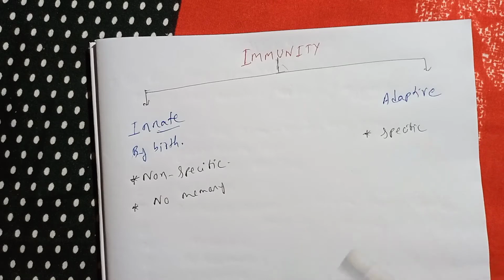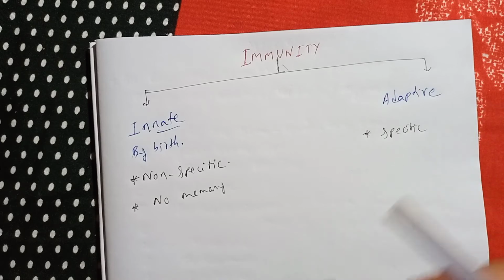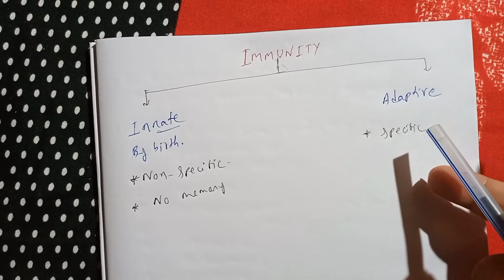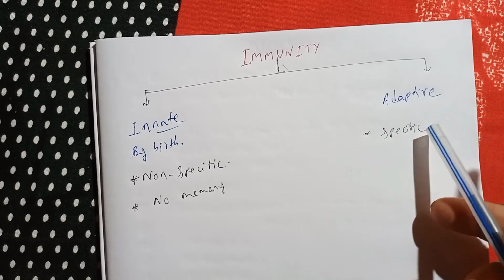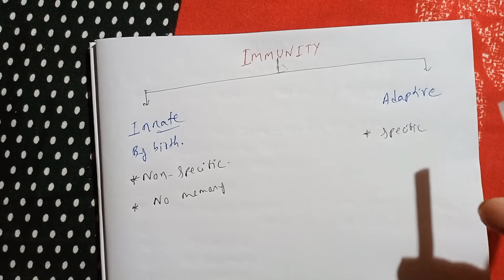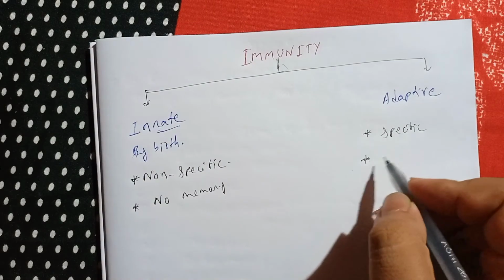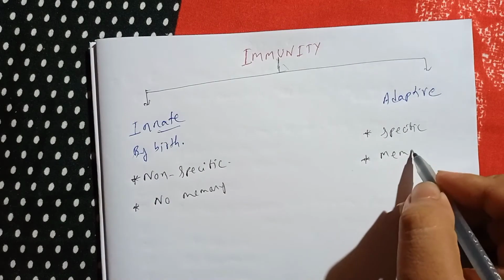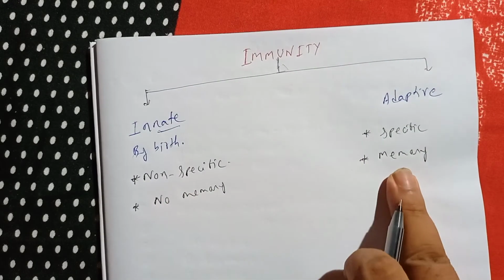Our body will try to make antibodies against that particular infectious agent or pathogen, and that is called adaptive immunity. That is specific. For each individual pathogen, the body makes separate individual antibodies. And of course, they have memory.